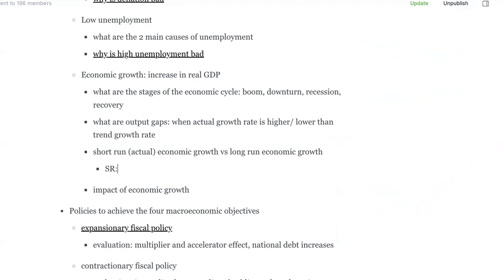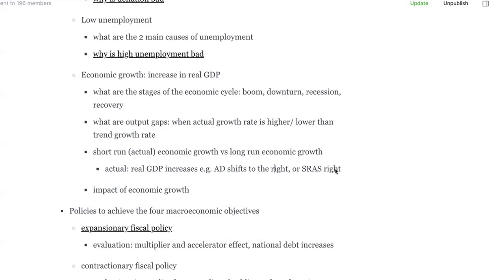Edexcel calls it actual versus long term, and AQA calls it short run versus long run. But this short run or actual economic growth is just when real GDP increases, e.g., because AD shifts to the right or SRAS shifts to the right.